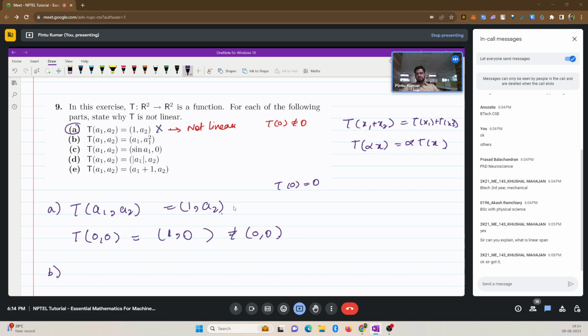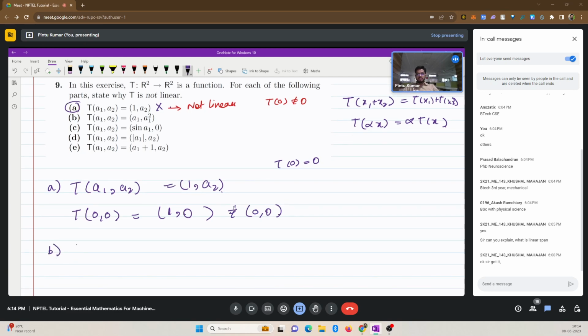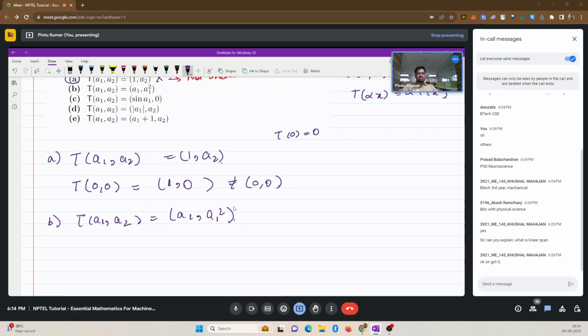The first example was quite a simple one. Let's look at the second example. It says T of (a1, a2) is equal to (a1, a1 squared). You can see there is a square term, so most probably that is the term that will create an error.